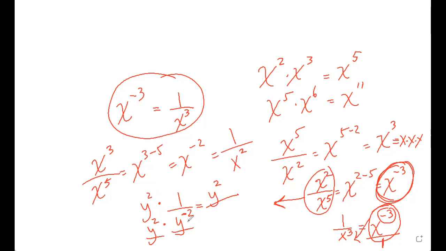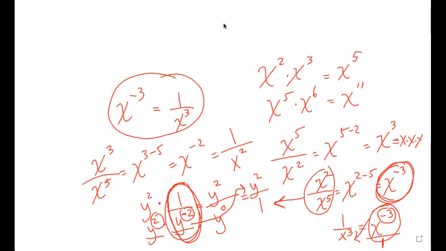When you multiply, you add the exponent. What is 2 and minus 2? It is 0. But what is y to the 0 power? It is 1. So what you're going to have is, when you have a negative exponent in the denominator, you bring what's in the denominator to the numerator, and the negative 2 becomes a positive 2.